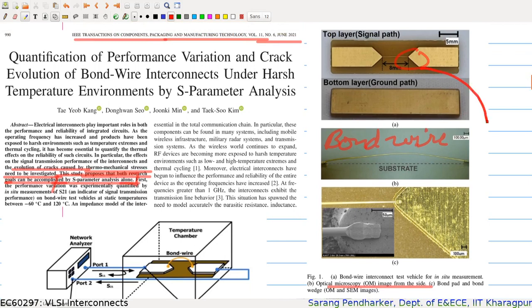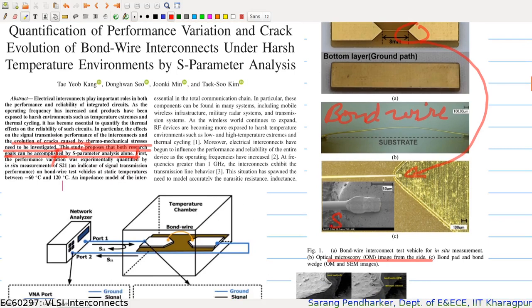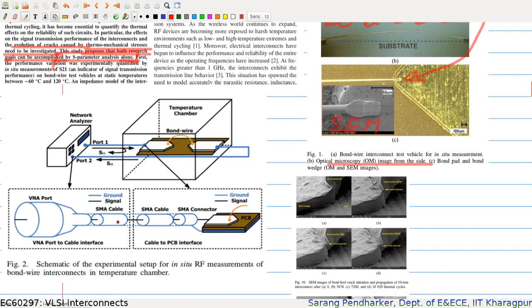This is the zoomed in optical image here, and this is, I think, a scanning electron microscopy image. So this is how the wire is bonded at this point. You can see that even these wires and all these connections are not ideal, and there are many issues there.